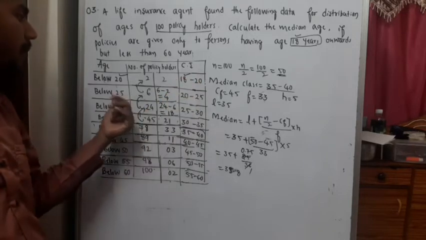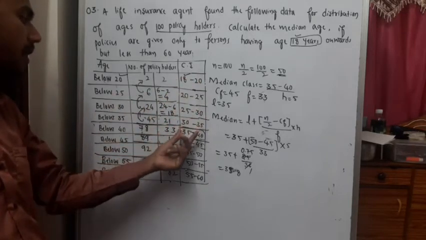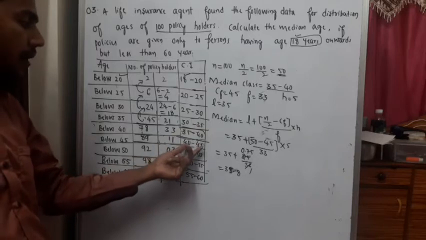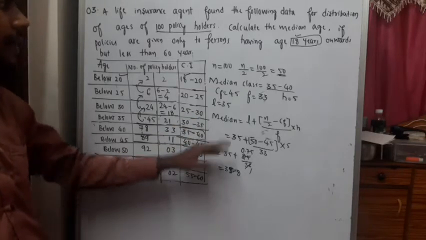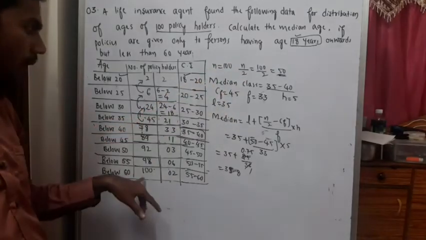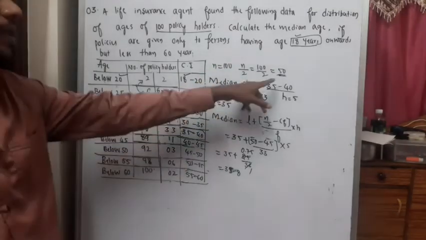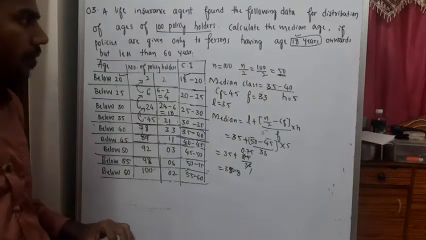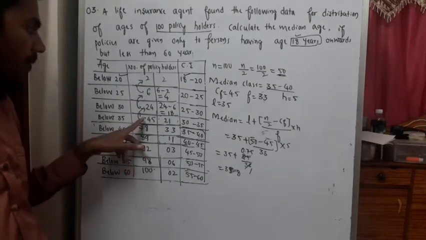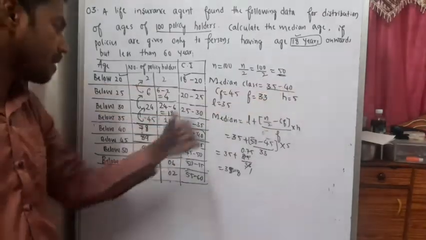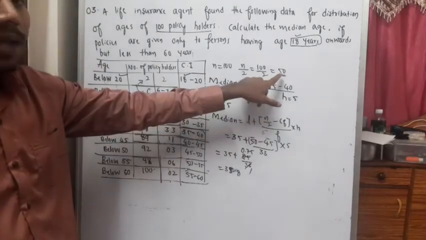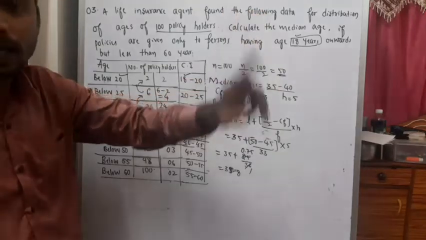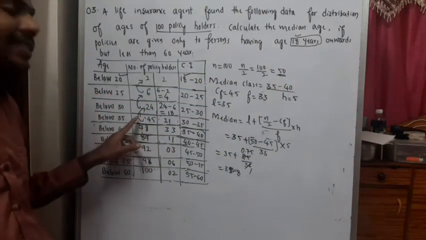Then the next class intervals will be 20 to 25, 25 to 30, 30 to 35, 35 to 40, 40 to, like that you have to write the class intervals. Then the total n is 100, so n by 2 is 50. Where does 50 fall? We have to select the cumulative frequency that is near 50 but greater than 50. So 45 is less than 50.